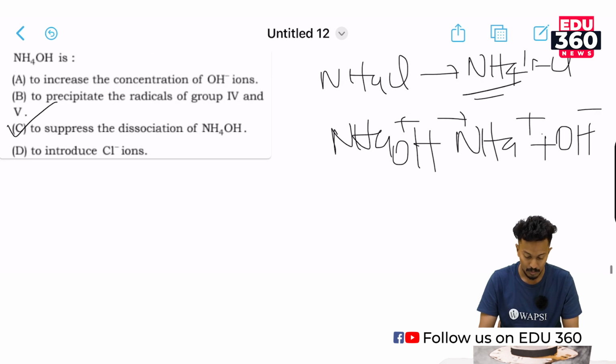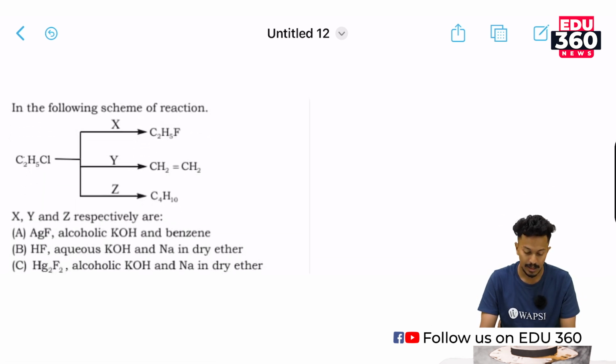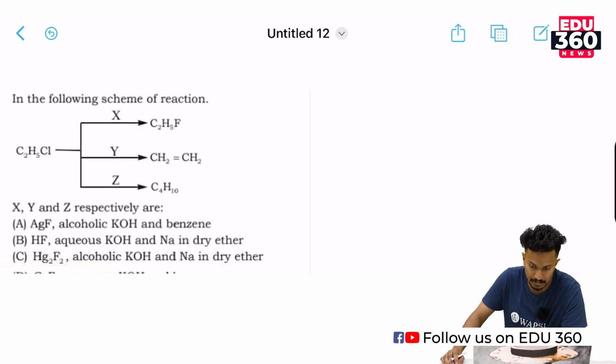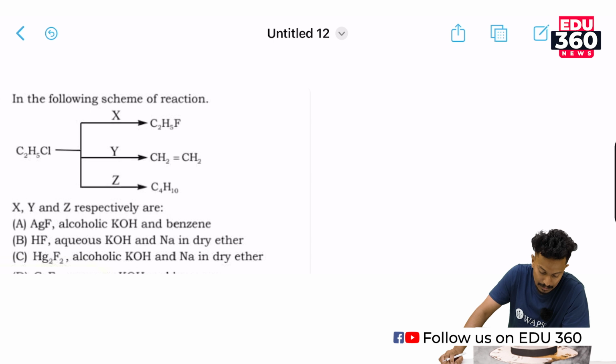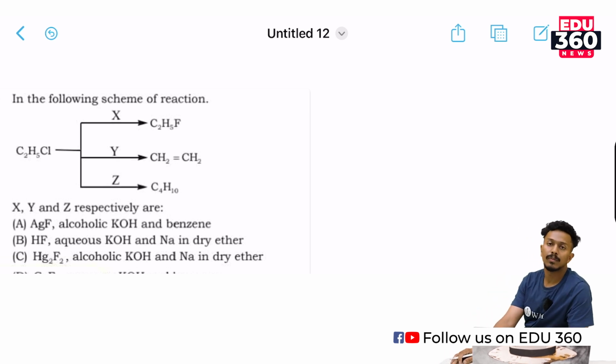Moving on to our next question. In the following scheme of the reaction, it's quite a bit different one. We have ethyl chloride, which when treated with X, Y, and Z, three different types of reagents, gives fluoroethane, ethene, and butane.